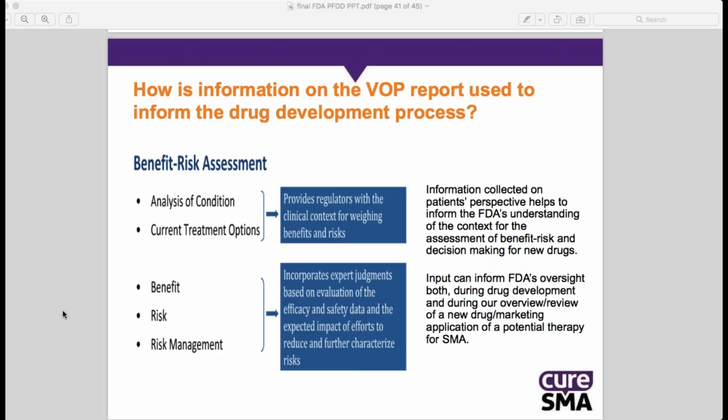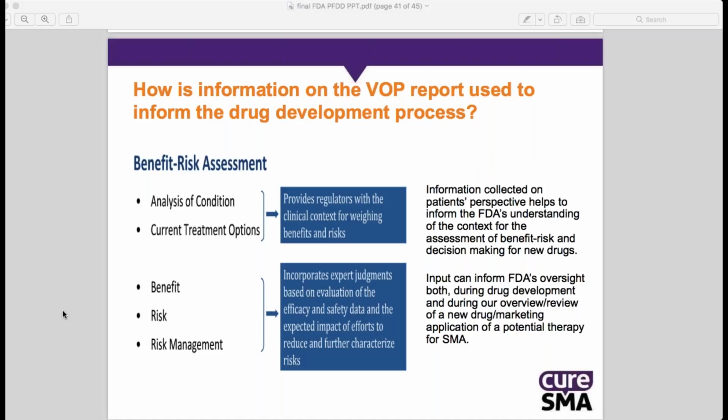So the information collected from you at the patient-focused drug development meeting, at the end of that voice of the patient report, is summarized and put into those first two rows of the benefit risk framework and basically serves as a draft of the first two rows for FDA.